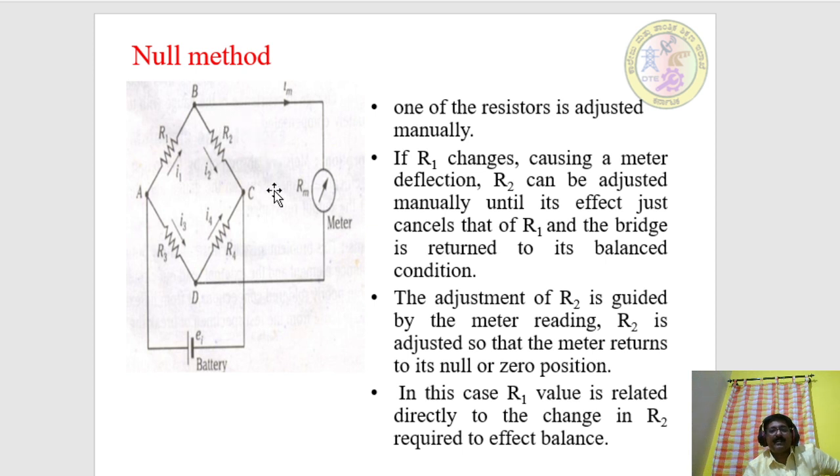See, the adjustment of R2 is guided by the meter reading. R2 is adjusted so that the meter returns to the null position or zero position. See, in this case, the R1 value is related directly to the change in R2 required to effect the balance. So this concept we say is the null method.